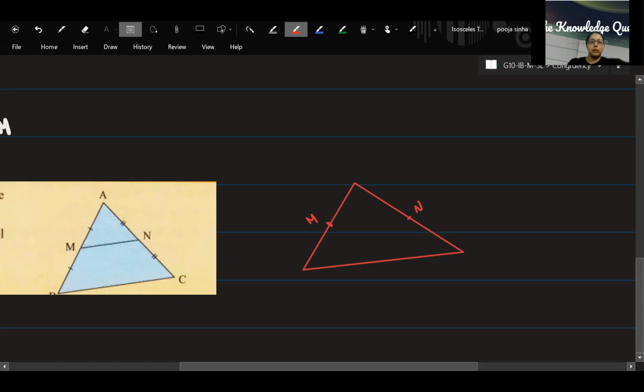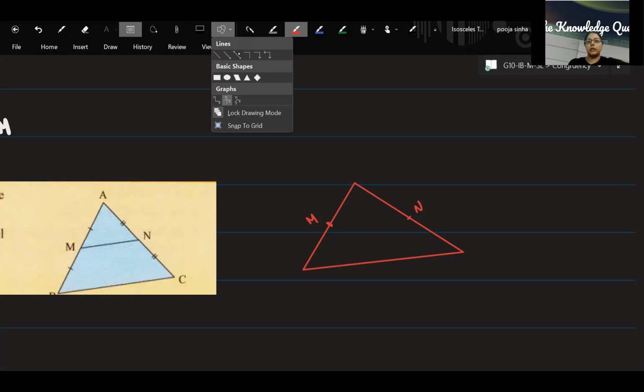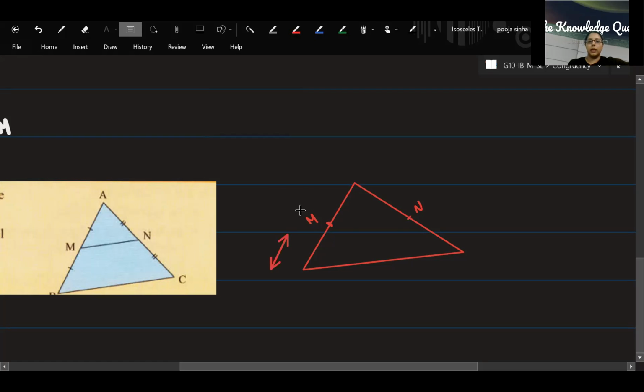M and N. This M is a point, just a point. And suppose I tell you that these two sides, this is say 10 centimeter and this is say 20 centimeter, right?